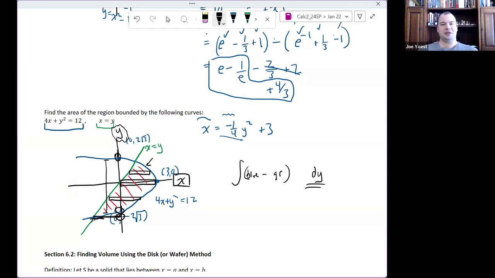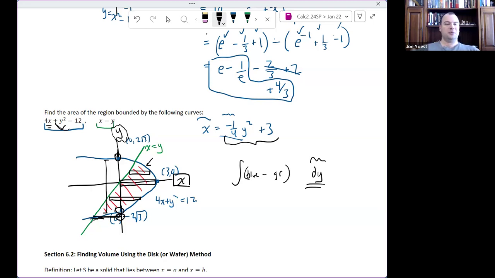This is going to be much easier. Number one, I already have things set up where I can solve them easily for x. I can get x as a function of y squared, so my f of y is going to look like a y squared. That's a lot nicer than having a bunch of square roots floating around.